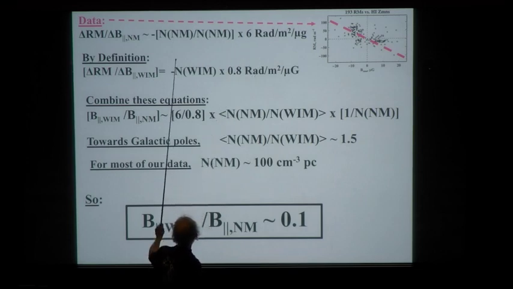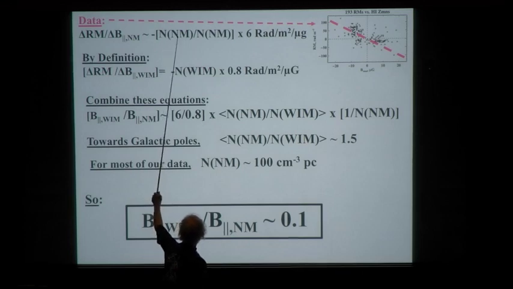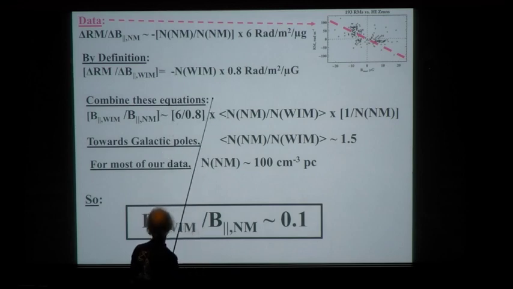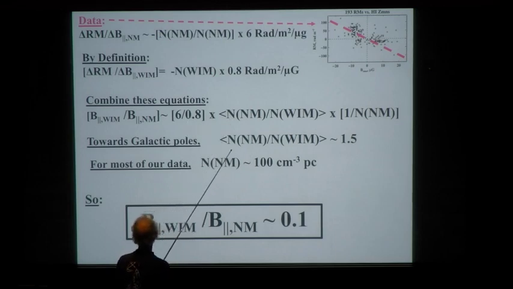And I multiply that over here by the number of neutral gas atoms divided by the number of neutral gas atoms. That's equal to 1, of course, but I want to carry that ratio down so I can, in a later equation, get the ratio of neutrals to ions.